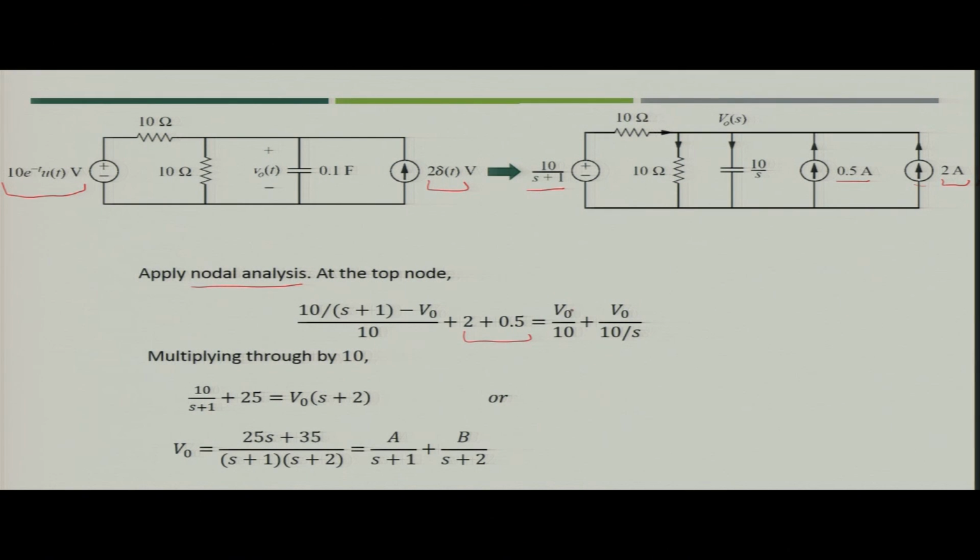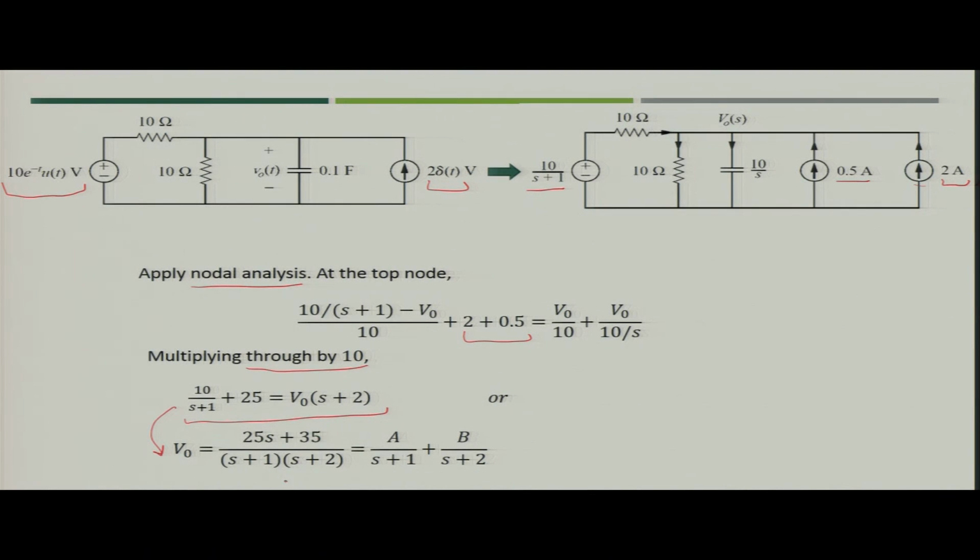The outgoing current here is V naught by 10, and here the outgoing current will be V naught upon 10 by S. Now, if you multiply both sides by 10 and rearrange, you will get 10 upon S plus 1 plus 25 equal to V naught into S plus 2, or if you rearrange again, V naught would be (25 S plus 35) divided by (S plus 1) into (S plus 2).